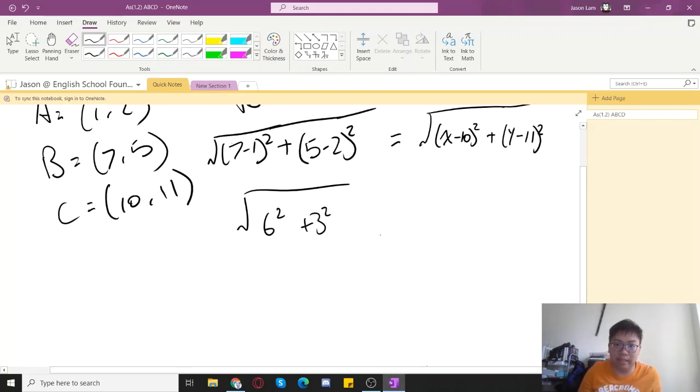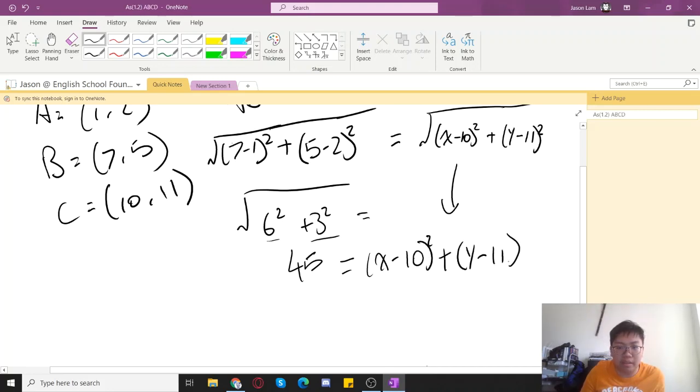Now that we can see this, that's going to be the same. So next step: 36 plus 9 is equal to 45. So let's say we simplify this part, the 6 and 3, into root 45, and then we would take away the root sign on those sides. So x minus 10 squared plus y minus 11 squared.